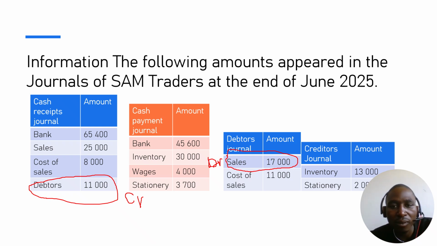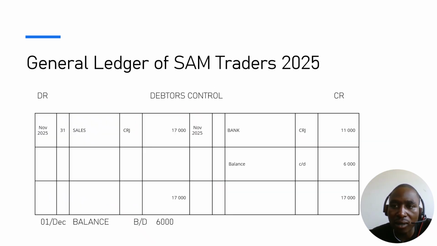We'll write November 2025 month end, that is 31st November 2025, and we'll write sales from the debtors journal, 17,000.